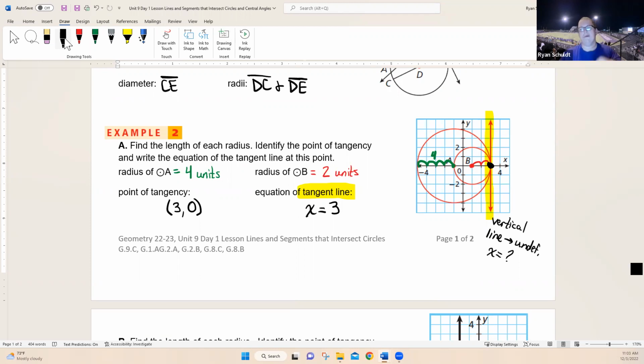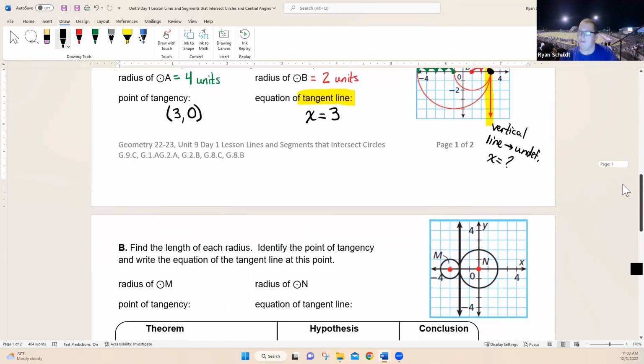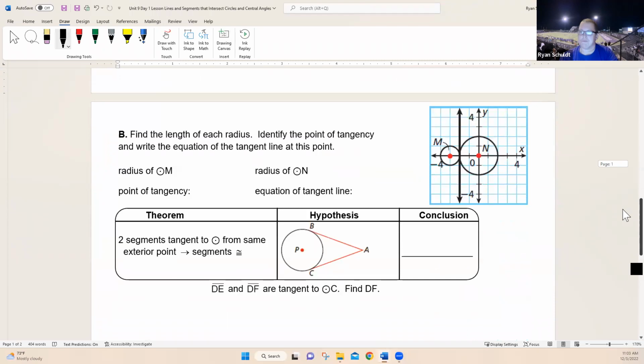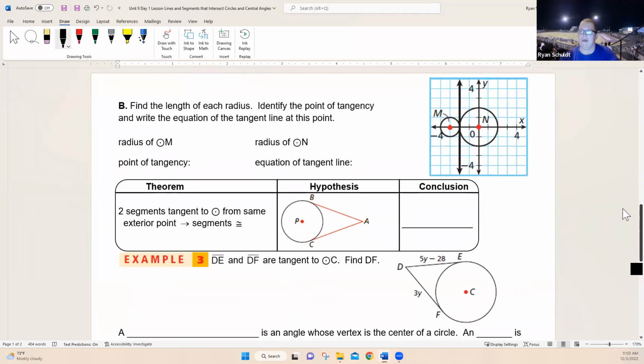Okay, so now let's flip over to the back of the notes and keep going. We're going to have a similar example. They want us to find the length of each radius, identify the point of tangency, and write the equation of the tangent line. So first they ask us about circle M. That's the baby circle.